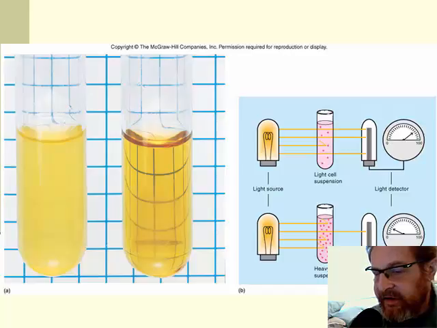And what you can see is that when you have a lot of cells there, you can't even see through it, right? You can't see the lines behind the test tube. And so it's the same thing as what's happening in the spectrophotometer, that the light is being scattered in such a way that it's not reaching the detector, in the same way that you can't see the back of the paper behind the test tubes.